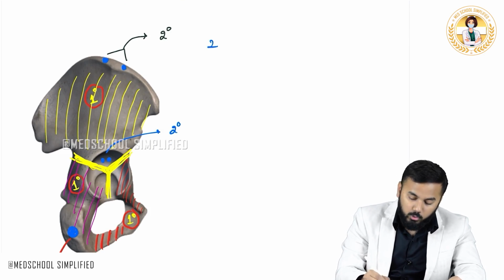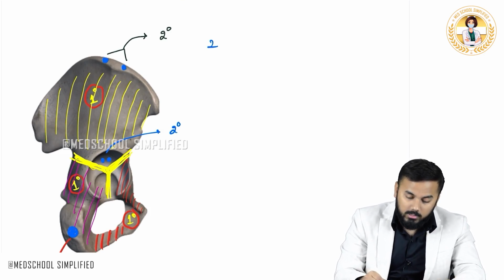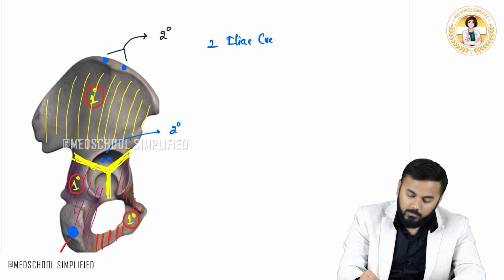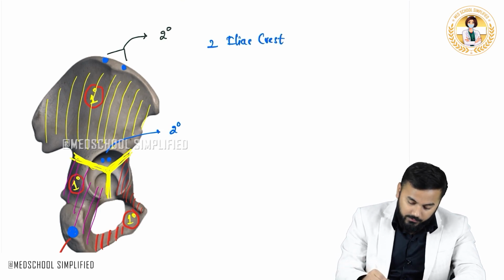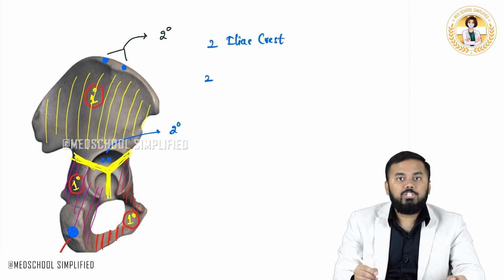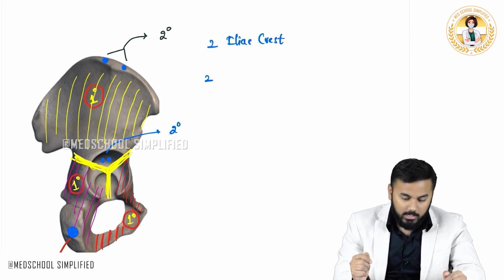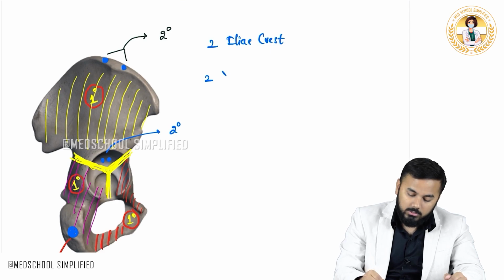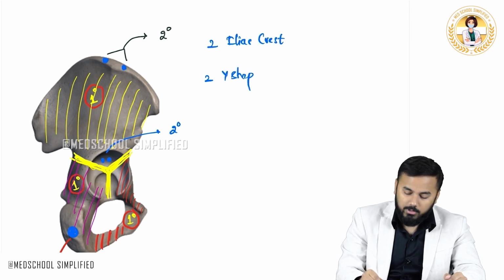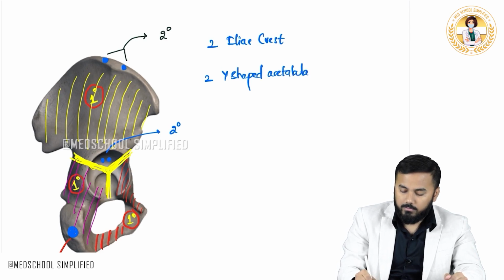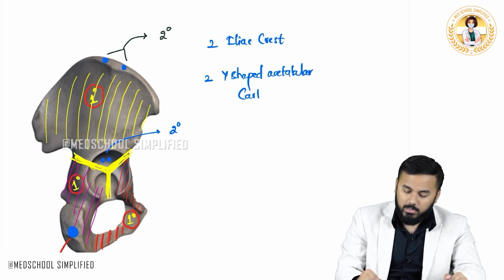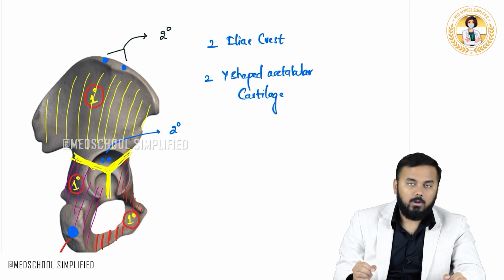Overall, in the secondary ossification centers, if we have to write, how many do we have? We have 2 on the surface of the ilium, that is, on the iliac crest. Next we have 2 on the Y-shaped acetabular cartilage.